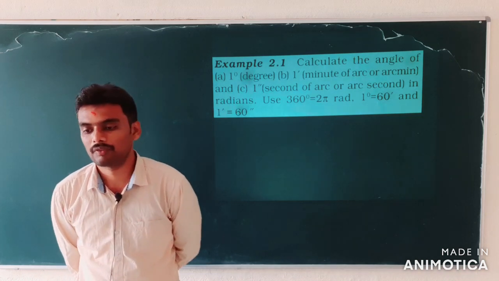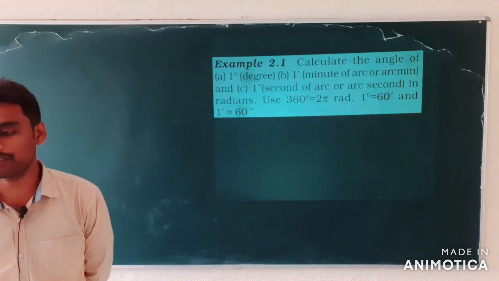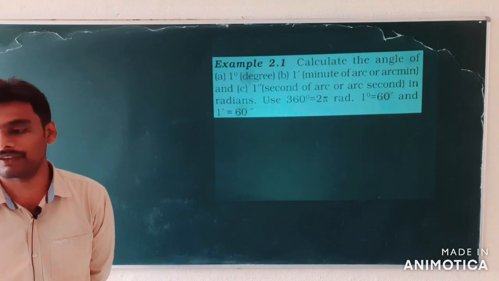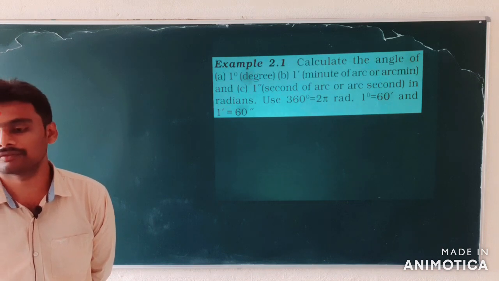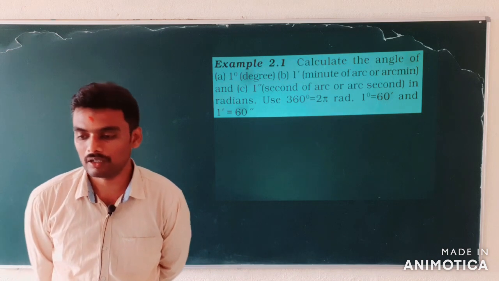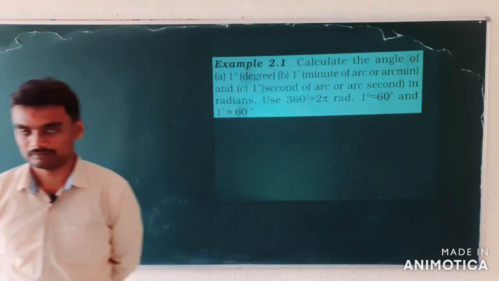Calculate the angle of 1 degree, 1 minute of arc, which is also called as arc minute, and 1 second of arc or 1 arc second in radians.